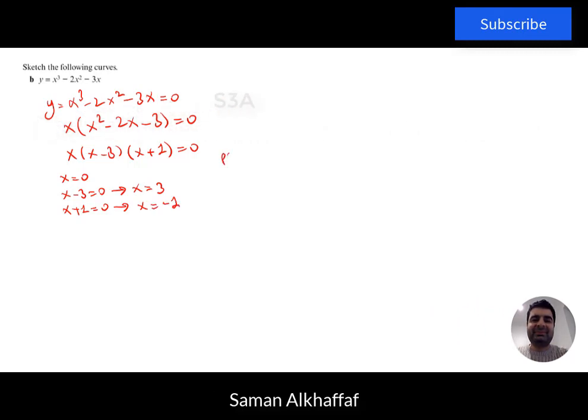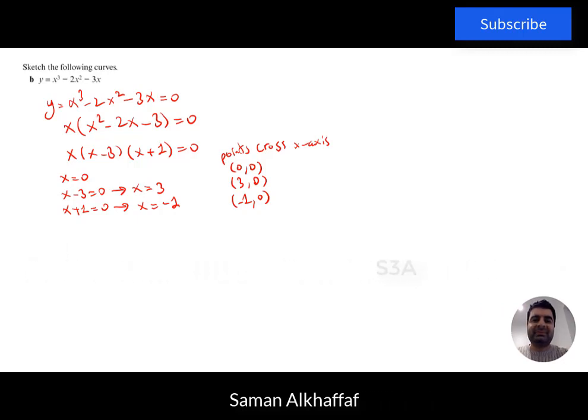So the points where it crosses the x-axis are 0 and 0, 3 and 0, and the third point is minus 1 and 0. So we have 3 points where it crosses the x-axis, and since we have these 3 points, we can plot them.